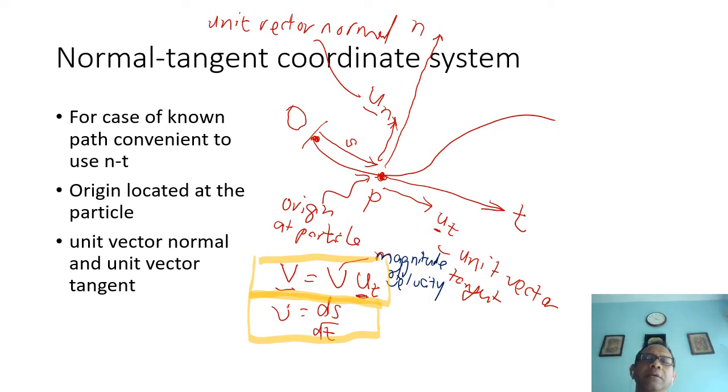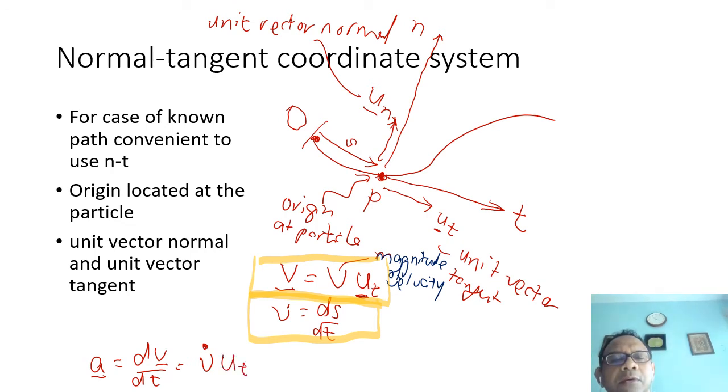The acceleration can be written as dv over dt, and we will have the scalar v dot in the direction of tangent ut, plus v u dot t.